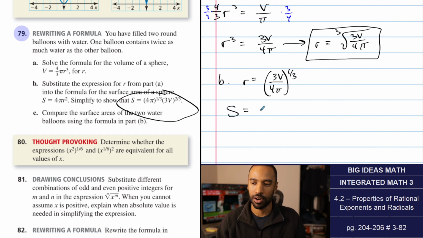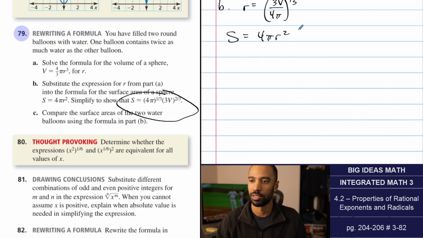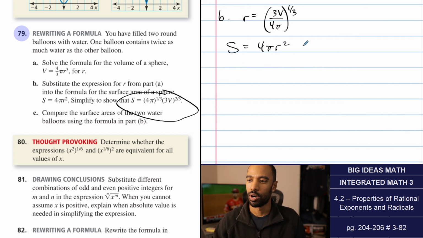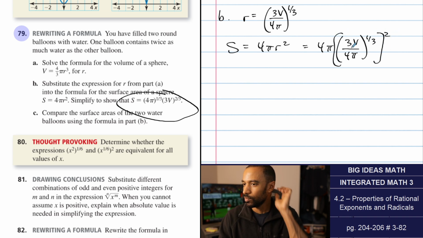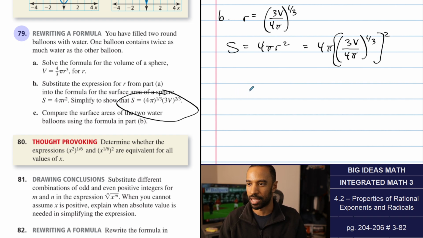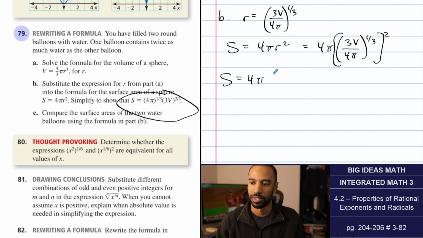So surface area equals 4 pi times this squared. The first thing I'm going to do is make that the 2/3 power. So S equals 4 pi times 3V over 4 pi to the 2/3 power.